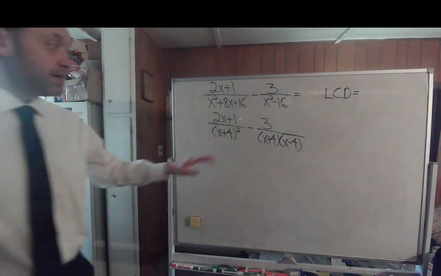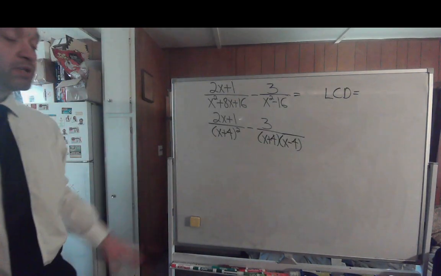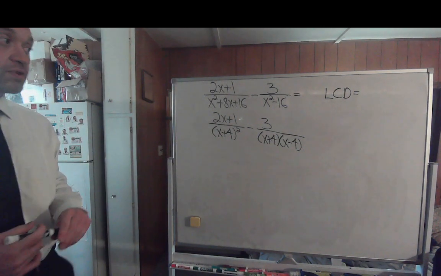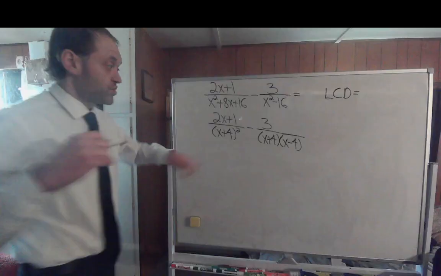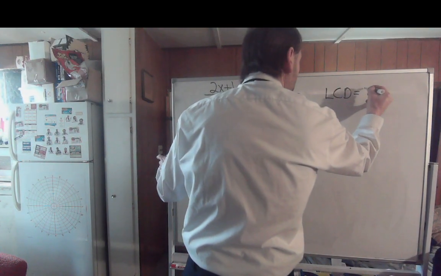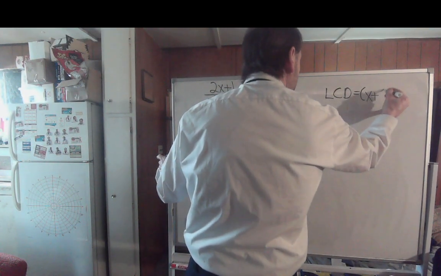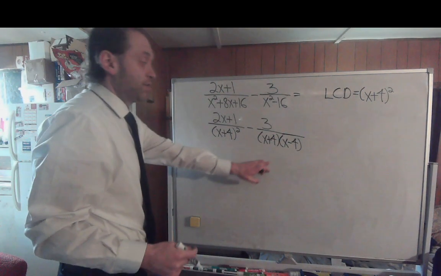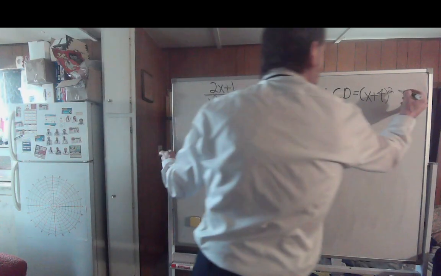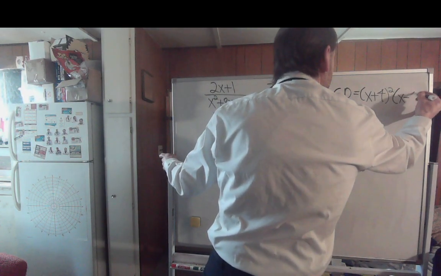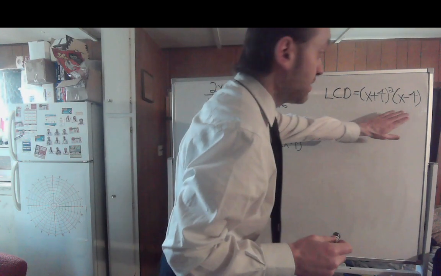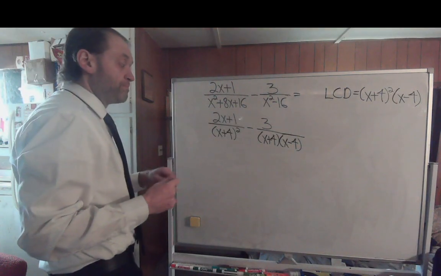Both denominators have at least one x plus 4, but your first denominator has an (x plus 4) squared. So for sure you're going to have an (x plus 4) squared as part of your denominator. Now only the second denominator has an x minus 4. So your total least common denominator would be the quantity of (x plus 4) squared times (x minus 4).